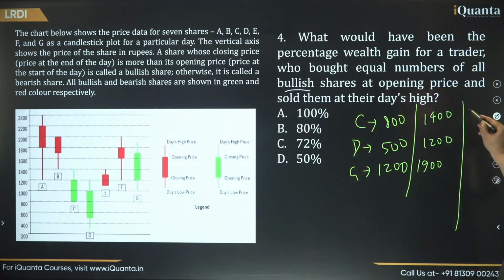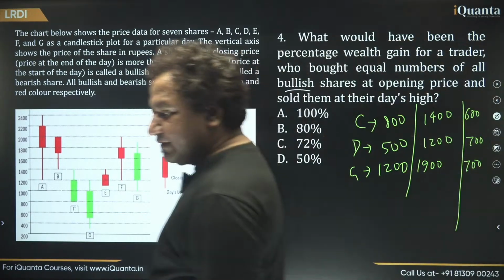The profit here is 600. Am I right? The profit here is 700 and the profit here is this again.